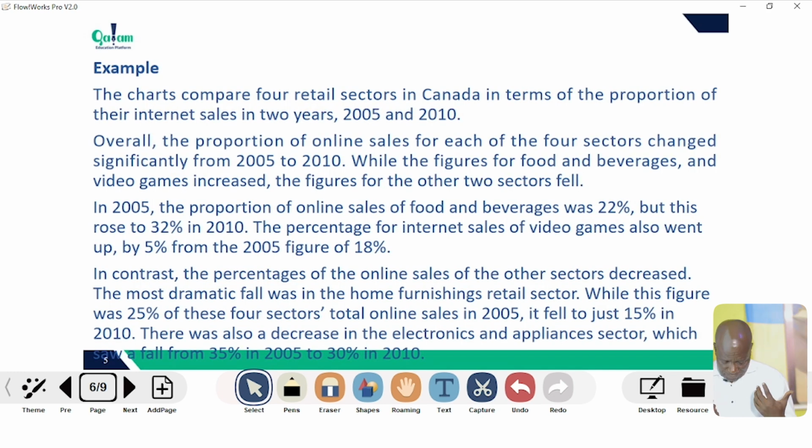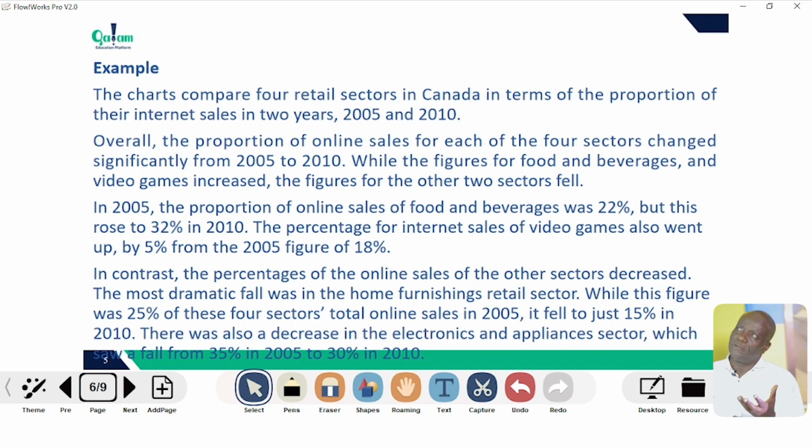So, example here, you can see the charts compare 4 retail sectors in Canada in terms of the proportion of their internet sales in 2 years, 2005 and 2010.